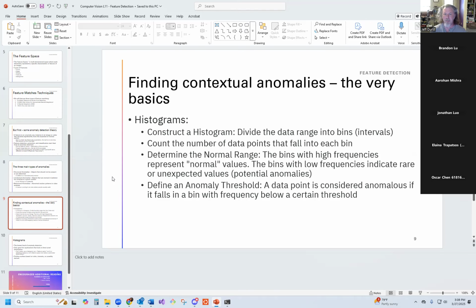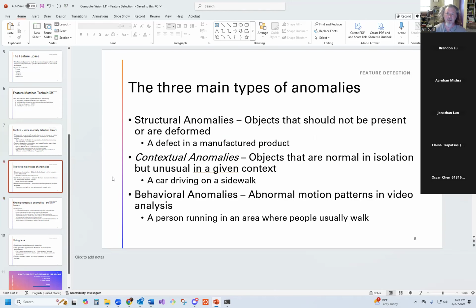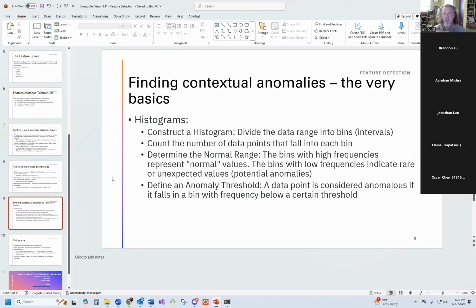And so this is what I mean by the broader context of the image, right? When we're looking at this contextual anomaly, if we create a histogram of everything in the image, then we've binned it all and we found our normal range or normal distribution. That essentially is the normal context of the image.